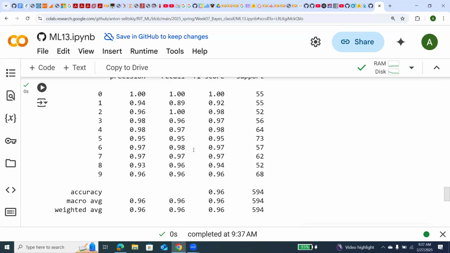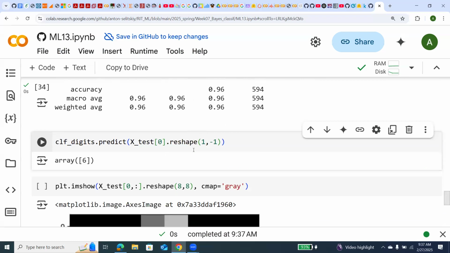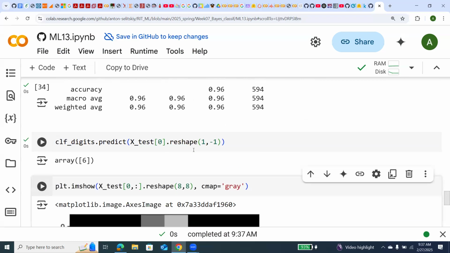So we can use accuracy as the metric, but also this table contains the metric macro that we covered last time. And you remember macro averaging is stable for unbalanced classes. So 96%.